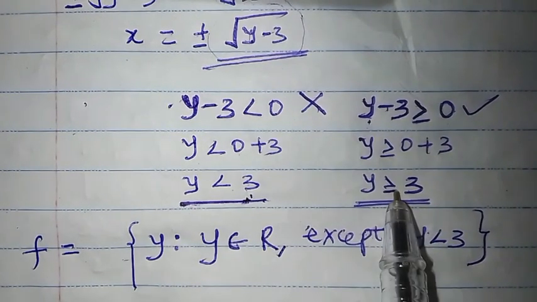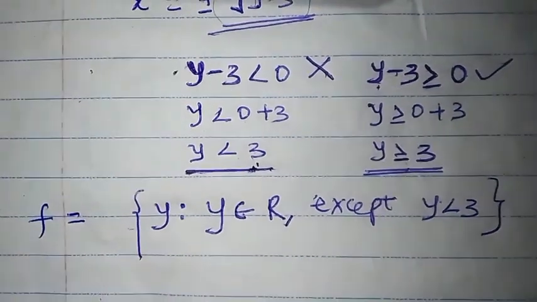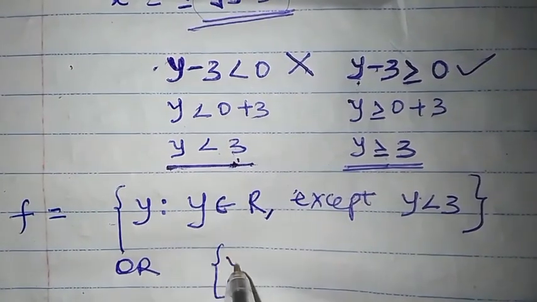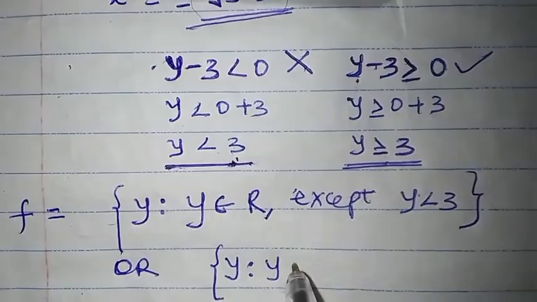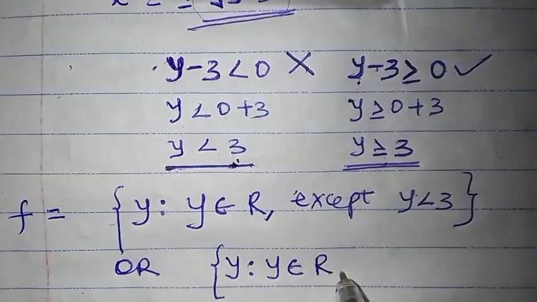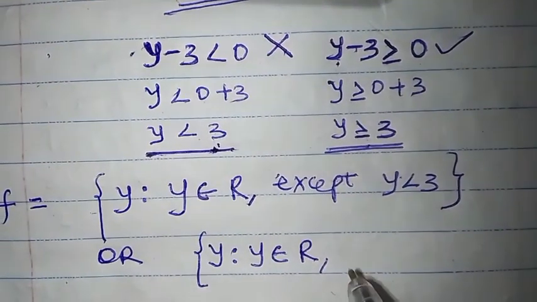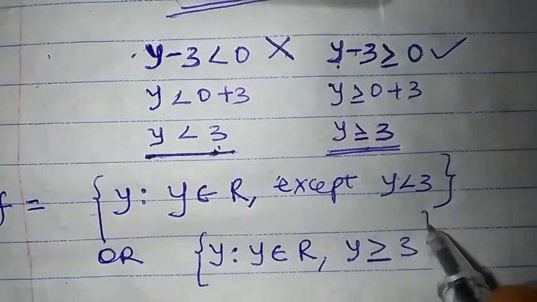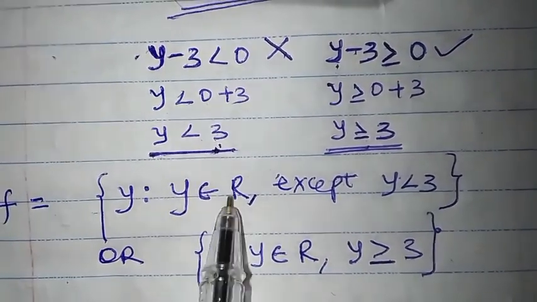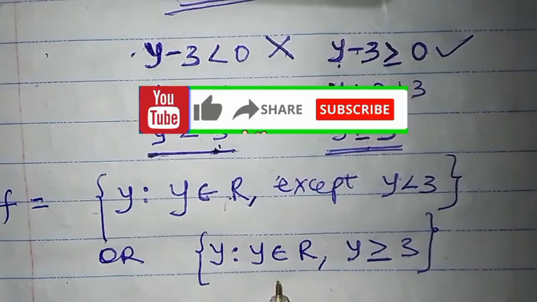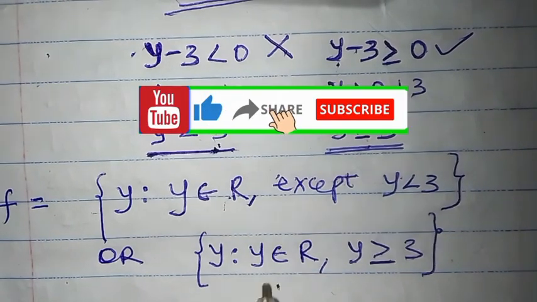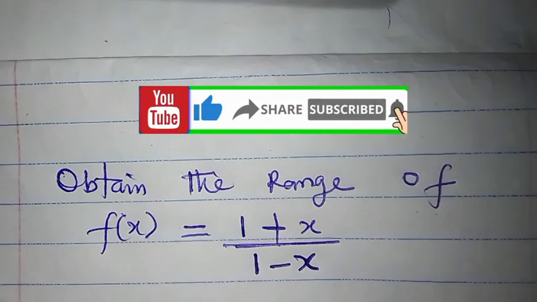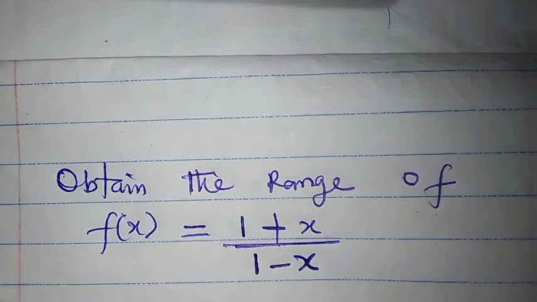And if this makes it defined, it's simple. F of x is equal to y. Y is a member of the set of real numbers only when y is greater than or equal to 3. So if I write it like this, I'm correct. If I do it this way, I'm also correct. So do this and drop your answer in the comment section.